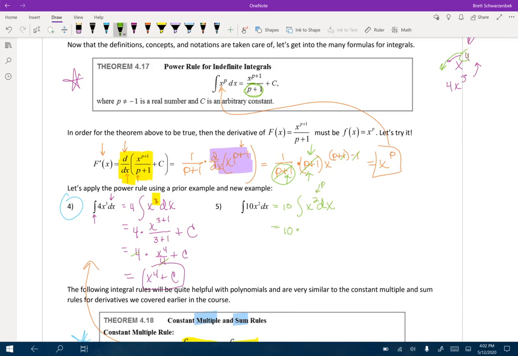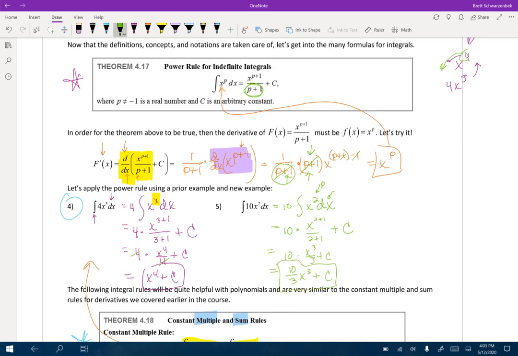When we take the antiderivative with respect to x, which is what this dx says, we can drop the symbolism and just do the antiderivative. What is the antiderivative of x squared? It is going to be x to the 2 plus 1 over 2 plus 1, and then we have to have a plus c. So we get 10 times x cubed over 3 plus c, which means 10/3 x cubed plus c is our antiderivative.